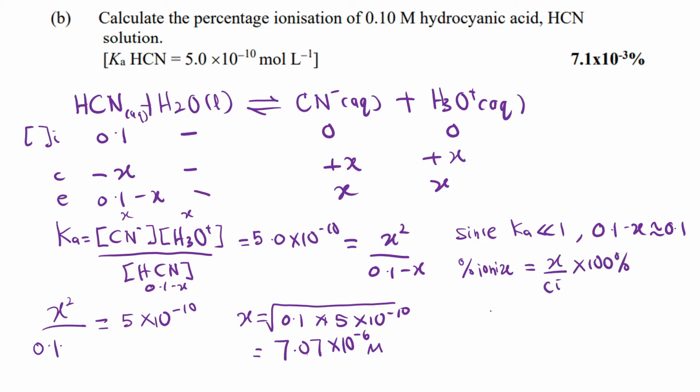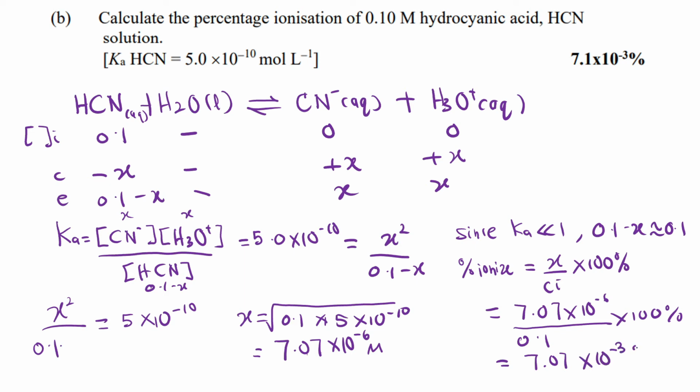Jadi kita gantikan sajalah nilai X kita dah dapat tadi, 7.07 exponent negative 6 over initial is 0.1 times 100%. Jadi kita akan dapat 7.07 ataupun 7.1 exponent negative 3%. Okay, so that's for question number 4B.